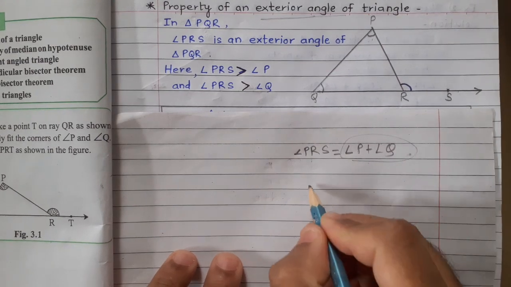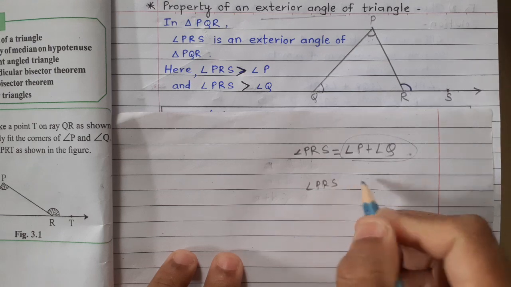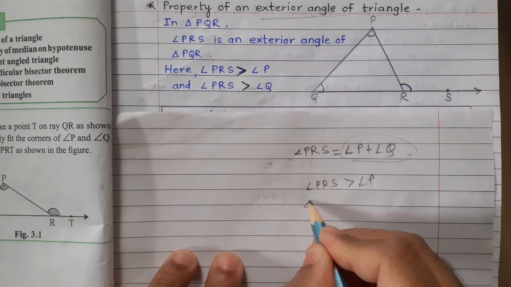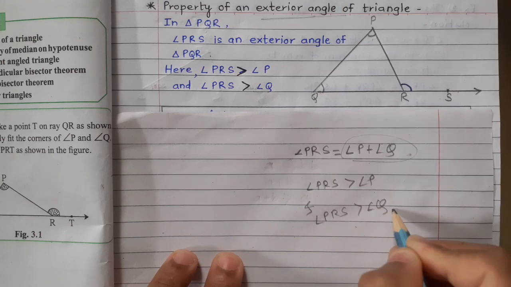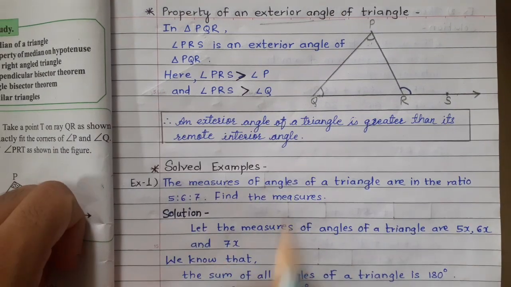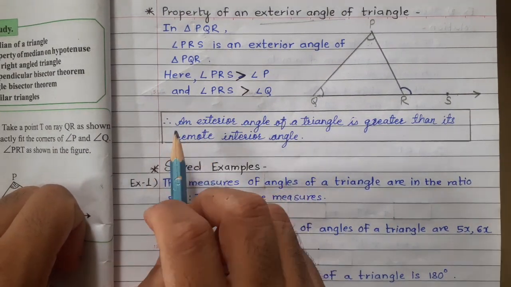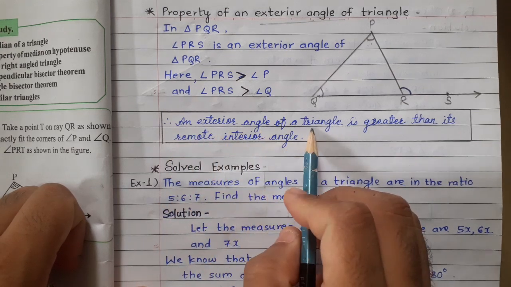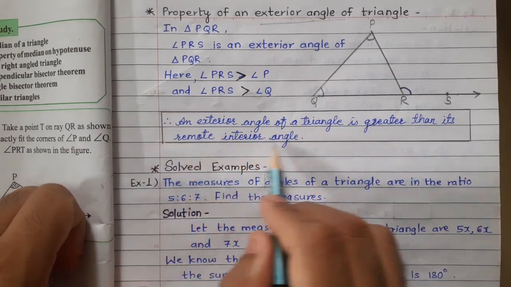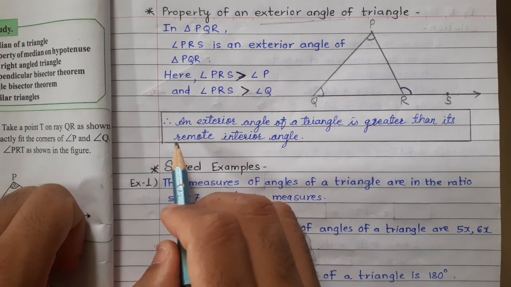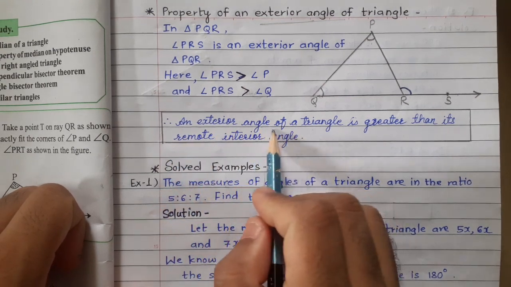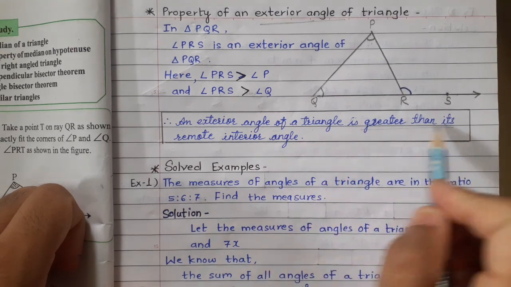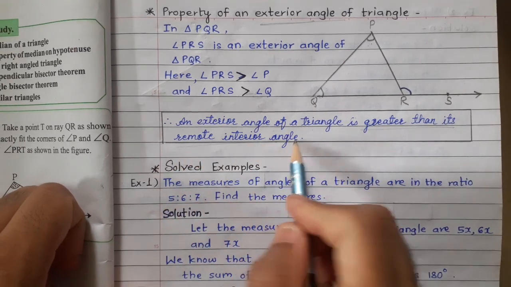So definitely angle PRS is greater than angle P, and angle PRS is greater than angle Q. So from this we can say an exterior angle of a triangle is greater than its remote interior angle. Remember this point.